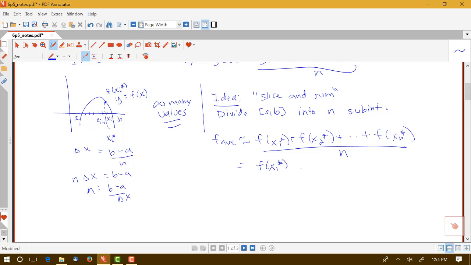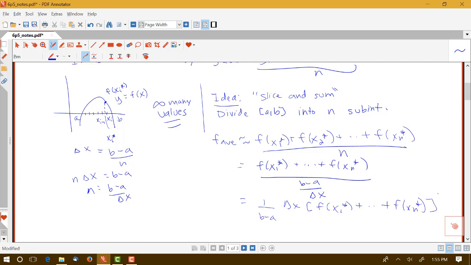So I have f of x1 star, etc., all the way up to f of xn star, divided by now b minus a over delta x. If I'm dividing by a fraction, I can multiply by the reciprocal. So I have 1 over b minus a times delta x times this sum of all my values.